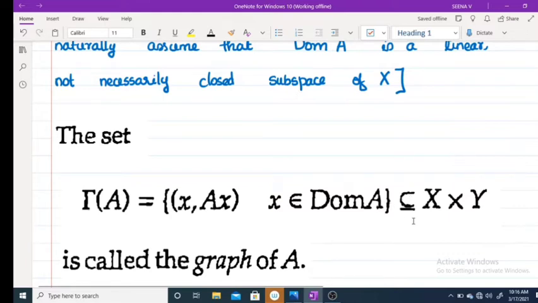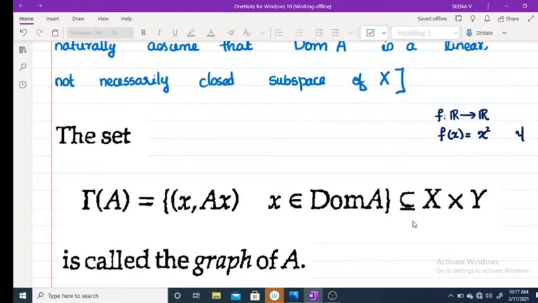For example, consider some function f from R to R, defined as f of x equal to x square if x greater than 0.